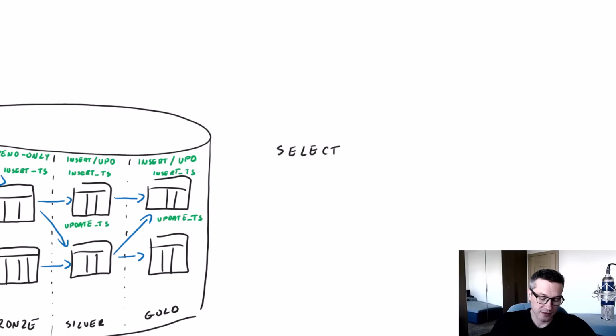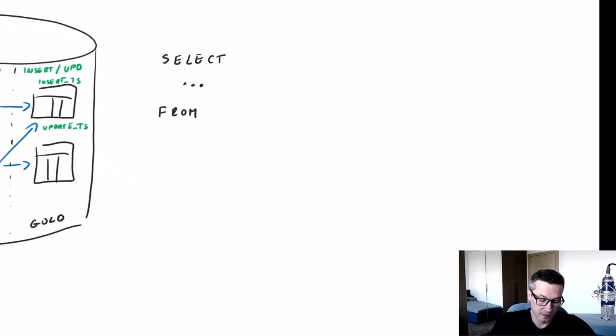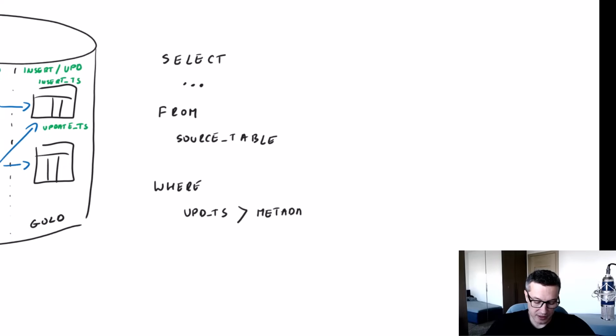Select some columns from our source table, where, and then depending on the layer, you would use some, let's say, update timestamp is bigger than metadata table timestamp. Alright, that's how it works.